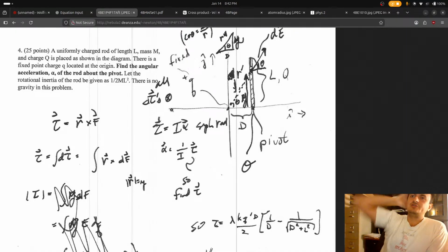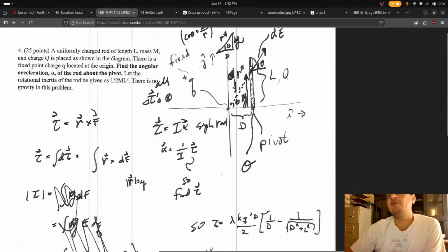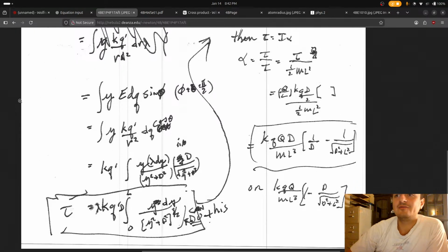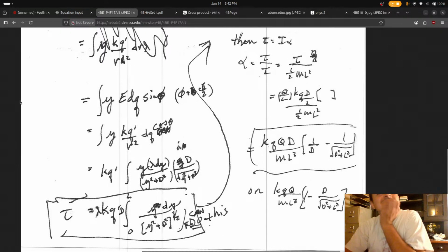Oh wow. So you need to compute the torque at, wow, that seems crazy. Whoa. We're gonna be able to do that? That's actually crazy.